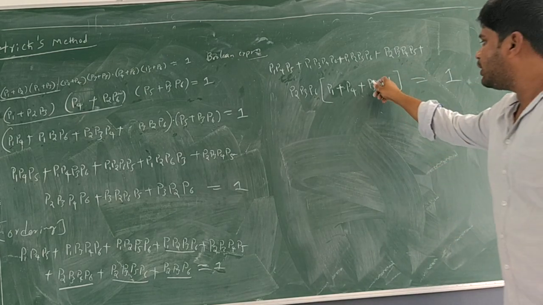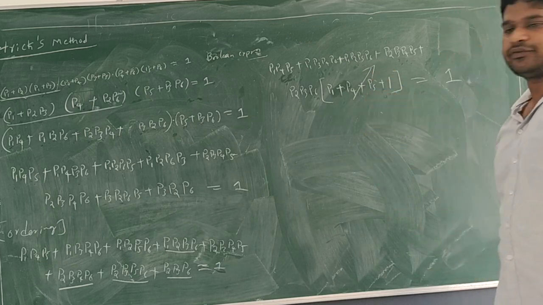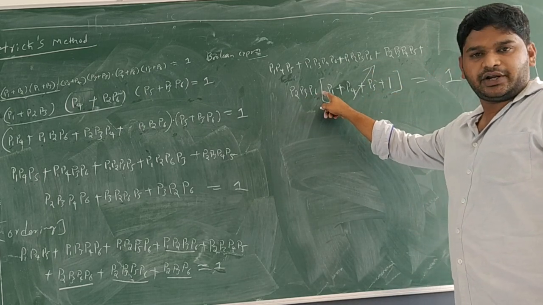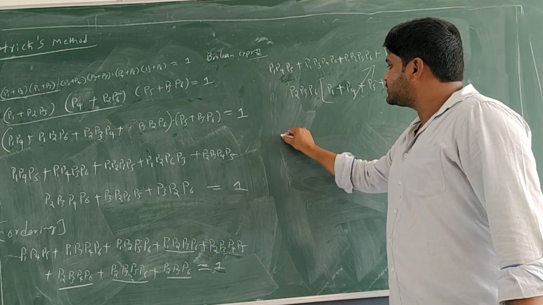Okay, so we all know 1 plus anything is what? Definitely 1. So hence what we got? 2 3 6 into 1. So what will we get?